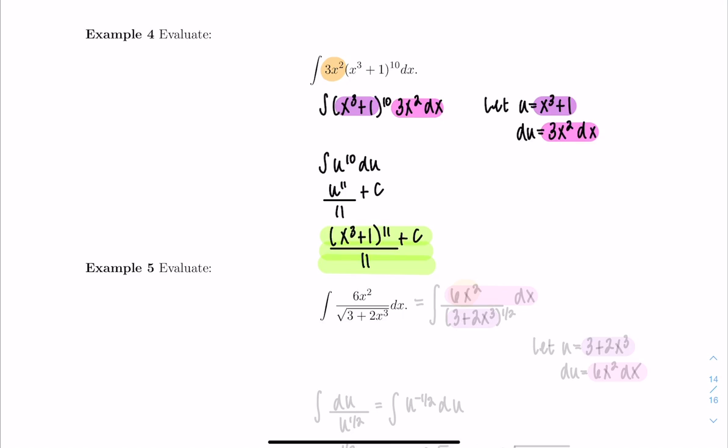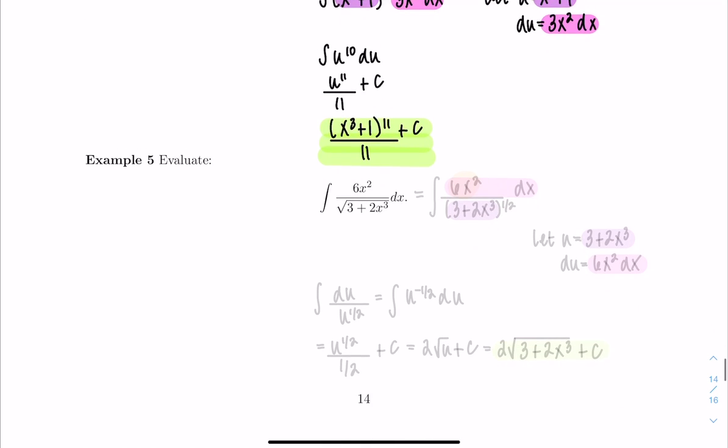Let's try the same idea with example number 5. We have the integral of 6x squared over the square root of 3 plus 2x cubed dx. We want to look at the pieces and see if we can find the derivative hidden somewhere in here.